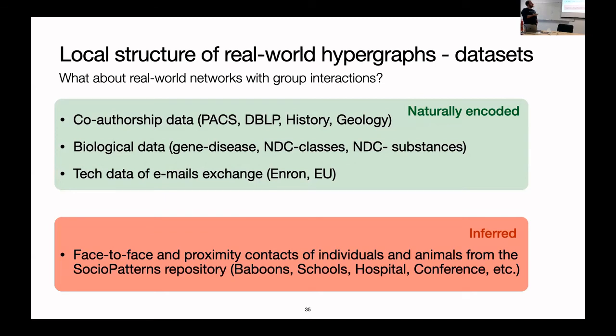We had this dataset about emails, and these were naturally encoded as group interactions. But we also could infer group interactions from face-to-face proximity contacts from the SocioPatterns repository. So basically, this is just a collection of the interactions between people that meet each other.